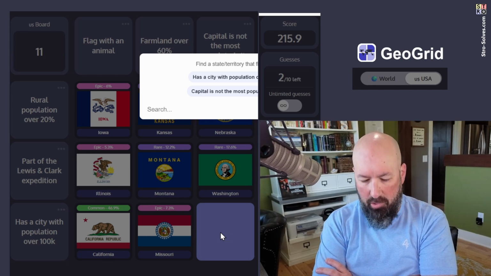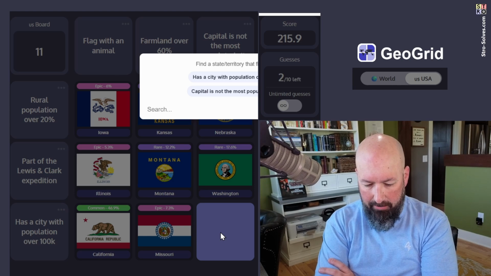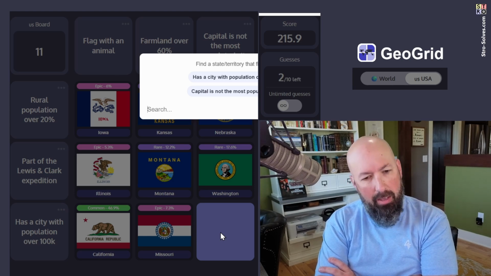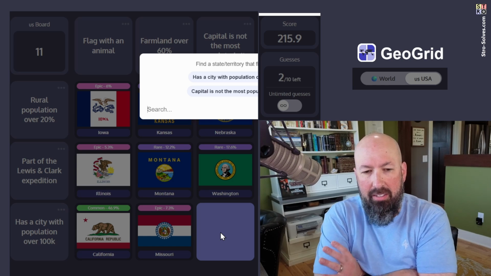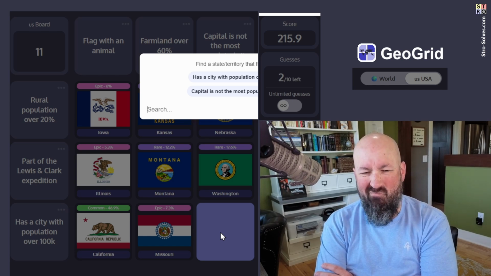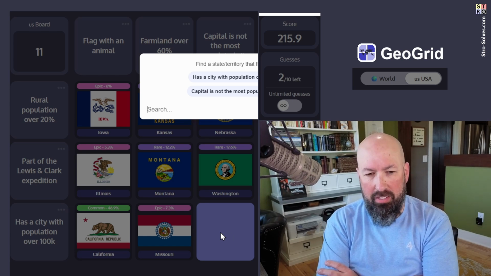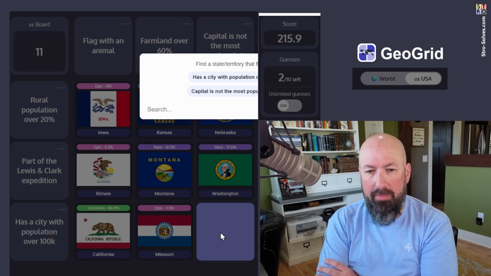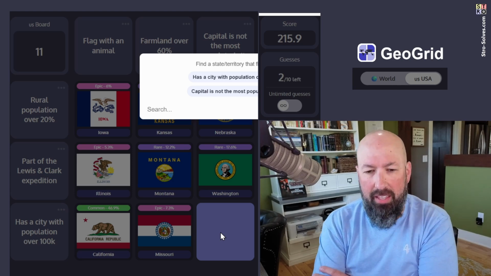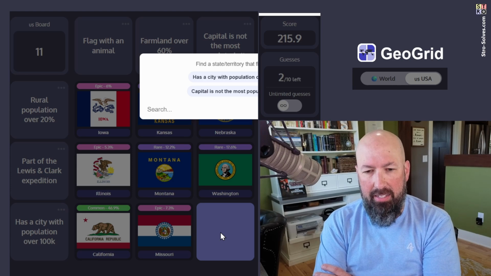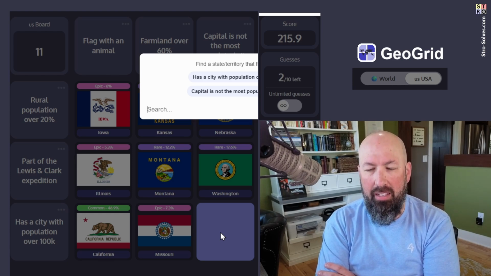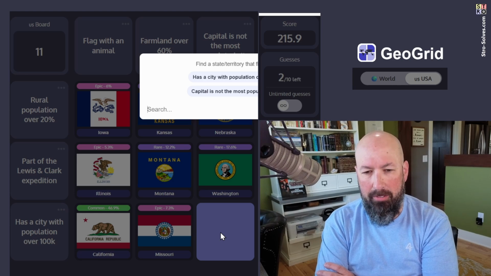So I'm trying to think what would be. I'm tempted to go with Alaska. Because I think Anchorage is going to be the biggest and Juneau's the capital, but I'm not positive on that. Or let's just go something small. What are people not likely to think of? That's the question.